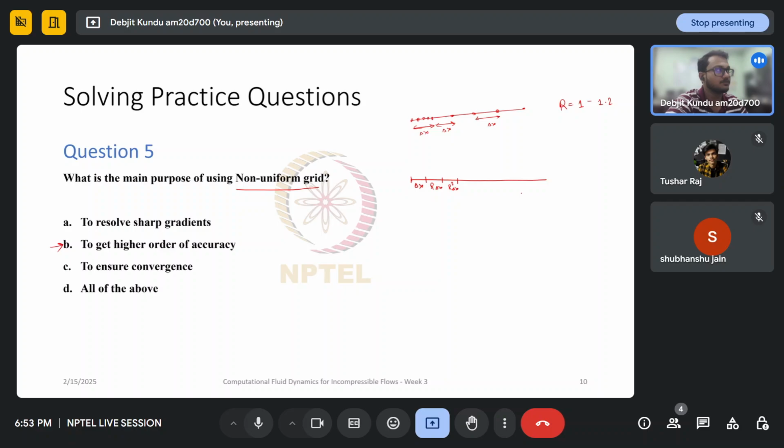So 1 means uniform grid, and if it's a little bit more, then the grid would expand. Sorry, r could be 0.8 as well. If r is less than 1, then the grids will shrink as we go along. So this is one way of doing this. In this case, the grids will expand slowly if r is greater than 1.